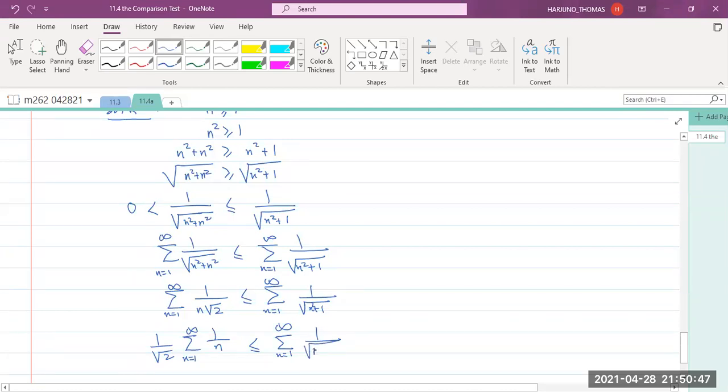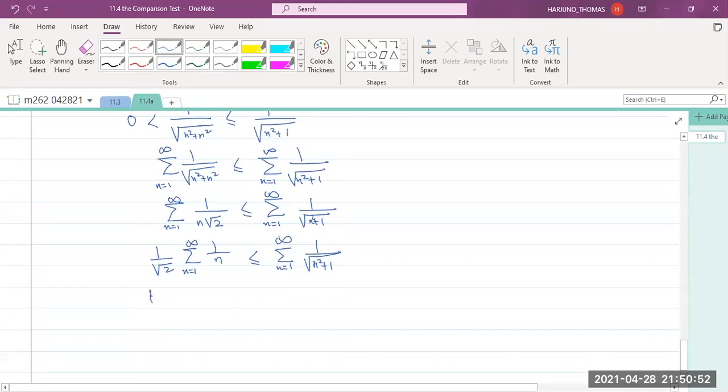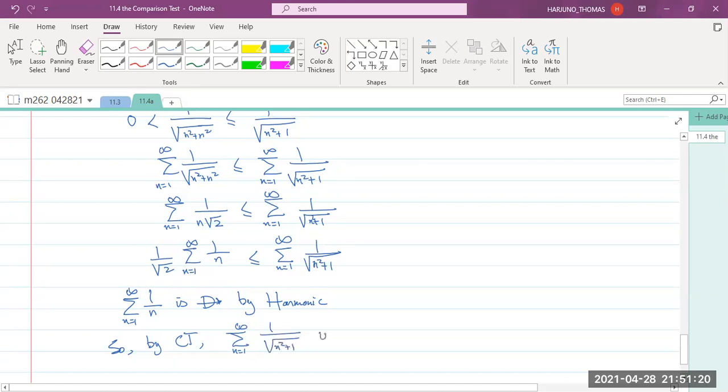Yeah, time's up, so I want to finish this fast. The series 1 over n is divergent by harmonic. So by comparison theorem, any series greater than that must be divergent. Okay. In other words, I actually use this property here.